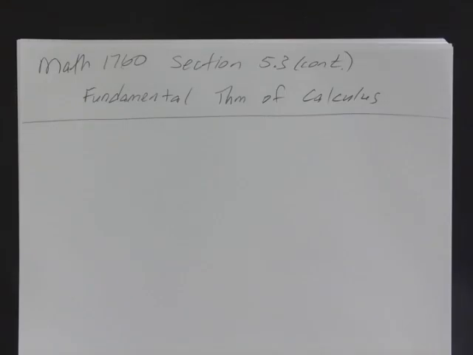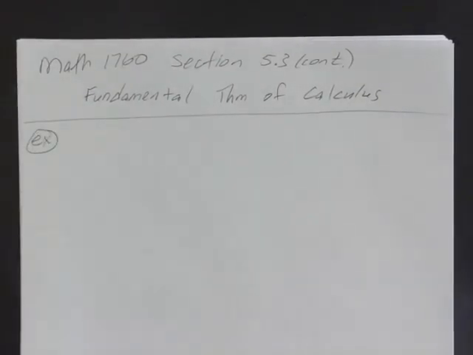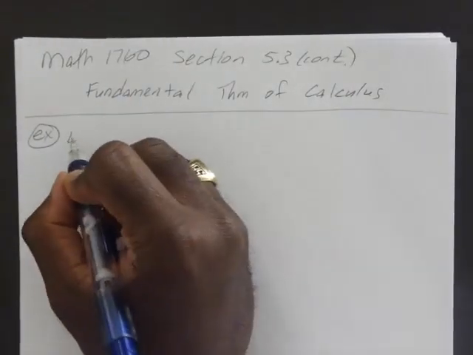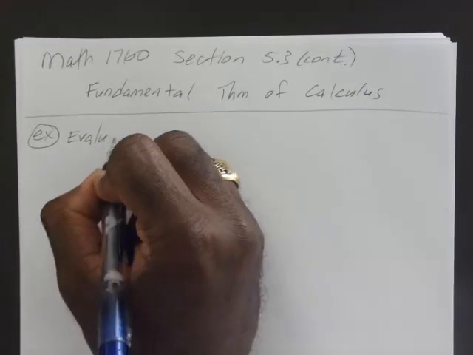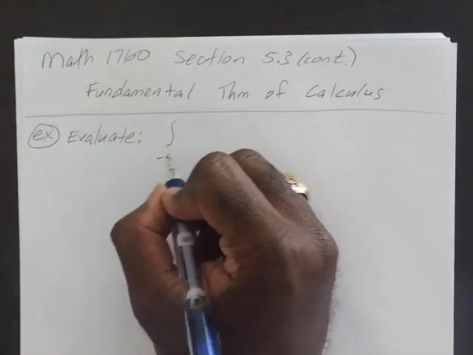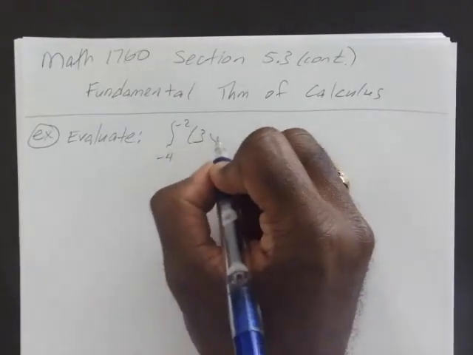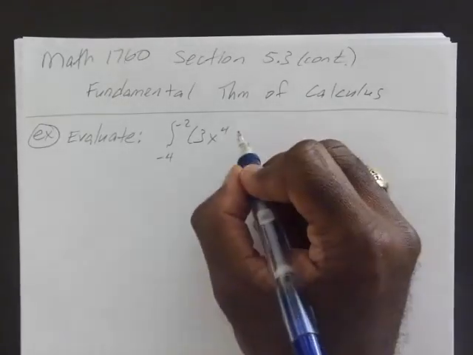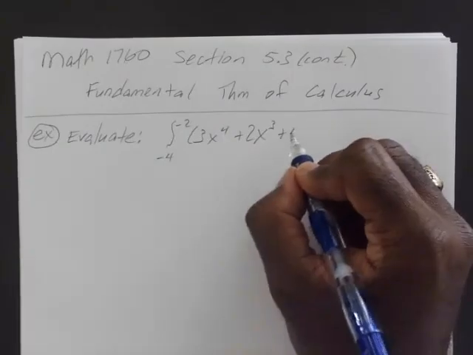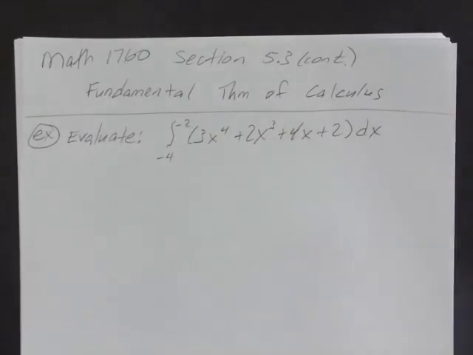All right, so let's finish up 4.3, the fundamental theorem of calculus. So let's say we wanted to evaluate the integral from -4 to -2 of 3x to the fourth power plus 2x to the third power plus 4x plus 2 with respect to x.